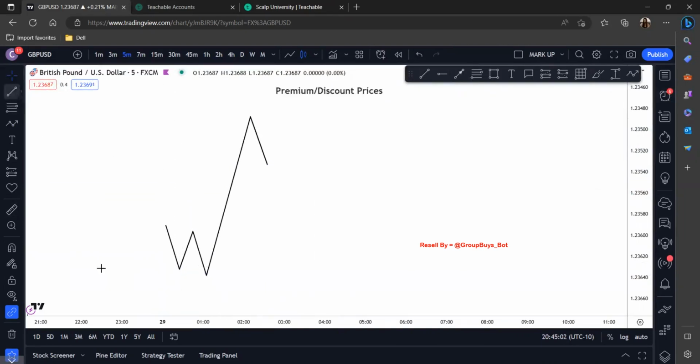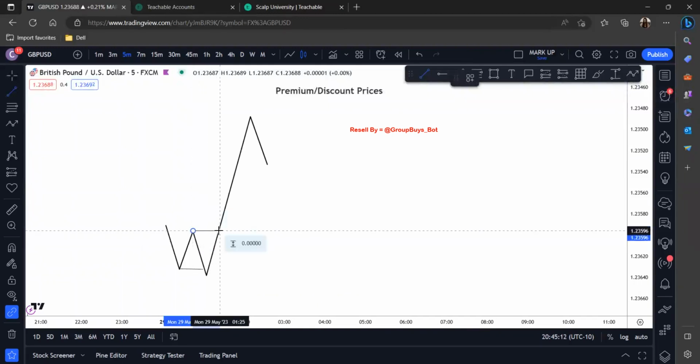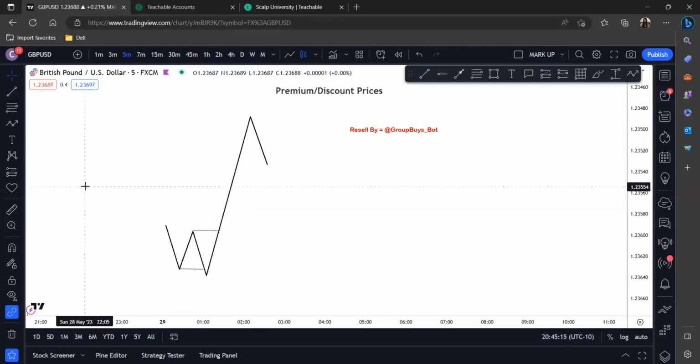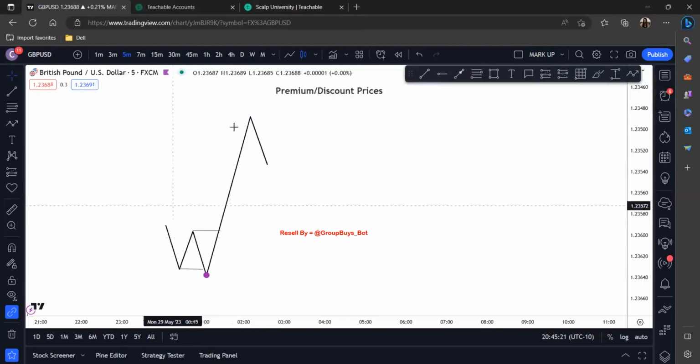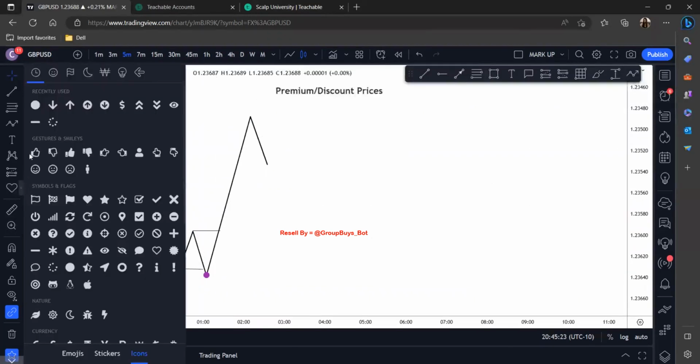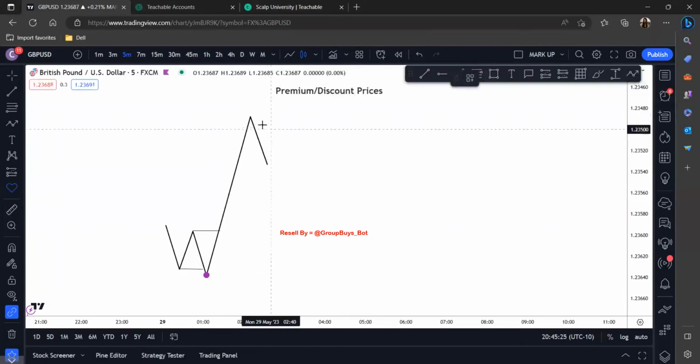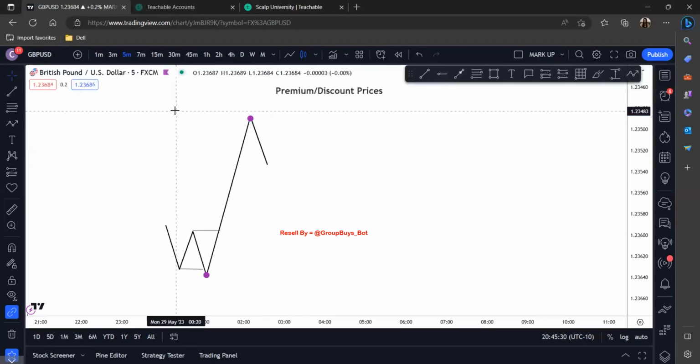We have a strong low here, which created our low within the trading range because we took liquidity and we also broke structure, meaning that this low is strong in a bullish market, and this would be considered our low of our trading range. And this would be considered our high because price had broken structure in the opposite direction.